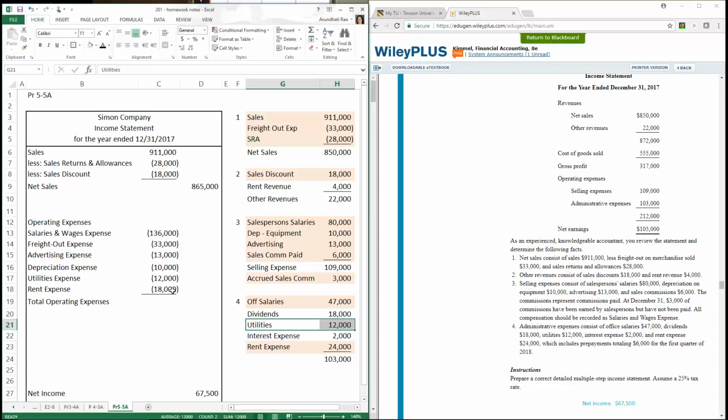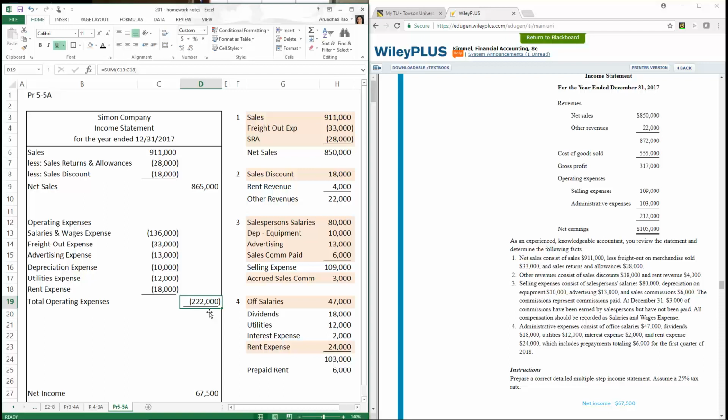Okay. But remember this rent expense, we had prepaid rent of $6,000 that had to be subtracted from 24 to arrive at this 18,000. Okay. So this now gives me $222,000 in total operating expenses.